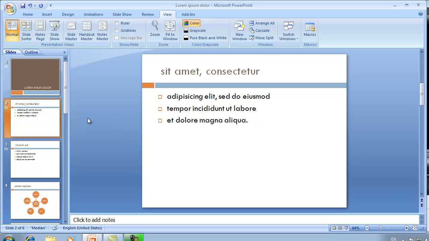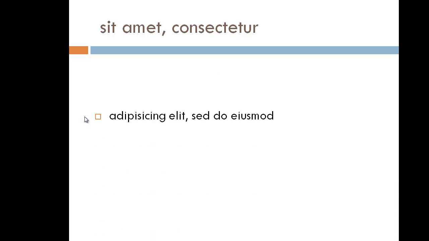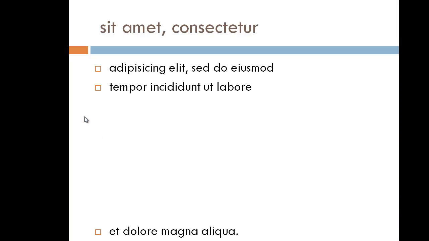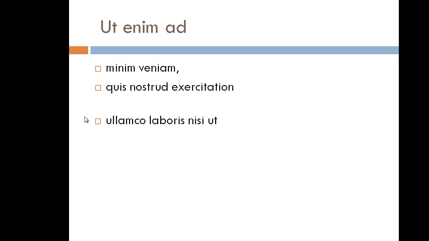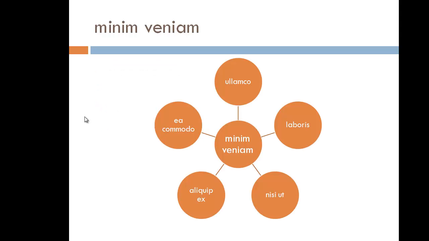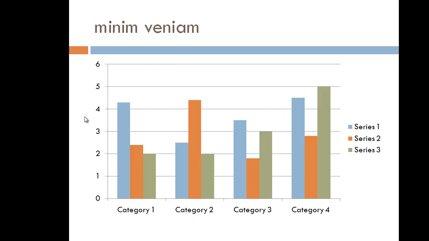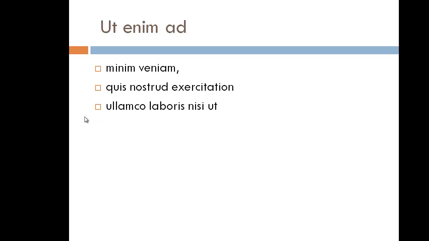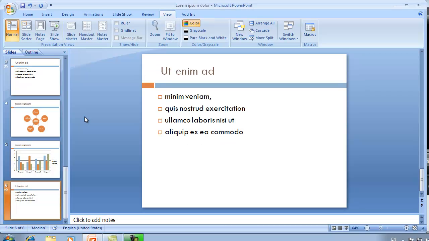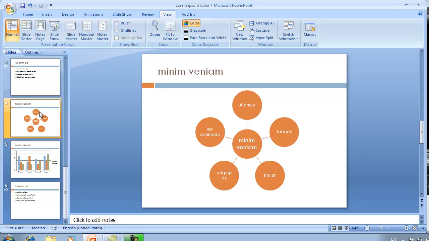And we can see, if I press the F5 function key, just to run the show, as I click and move through, I get my bullet points appearing. And then at the moment, my graph and my smart art just appear without any animation. Now, just pressing the Escape key to return to PowerPoint.